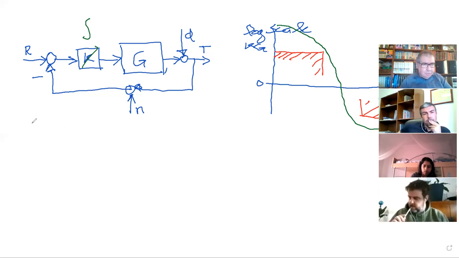Suppose that I have this system. Suppose this is scalar, and I have y dot, or better to say, if I put here, let's put here x.